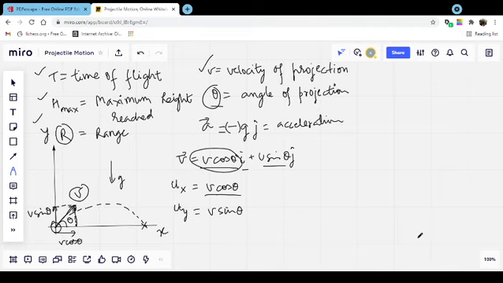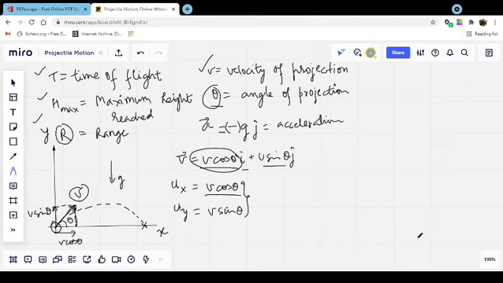So this is the second thing which we have learned, that we take the initial velocities, and the second thing is that we think in the axis in which acceleration is present or not. The first thing which I told you is to resolve and look for horizontal components of velocity and vertical components of velocity. Second thing to look for is along which component acceleration is present and along which component the acceleration is not present.